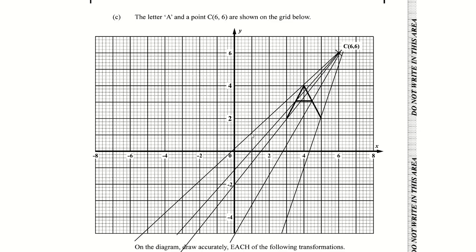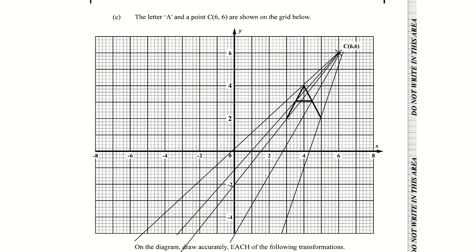And if we look at it, we will see that from here, hold on. So we know that it will be here. Let's start with a straight line because that's going to be easy.